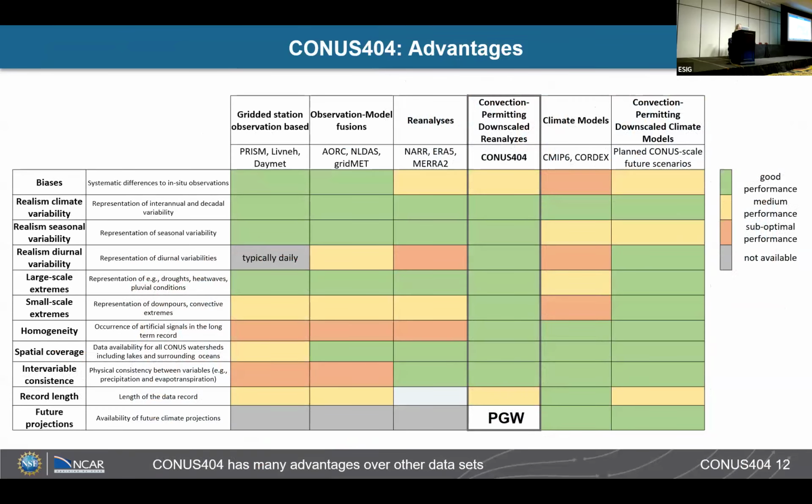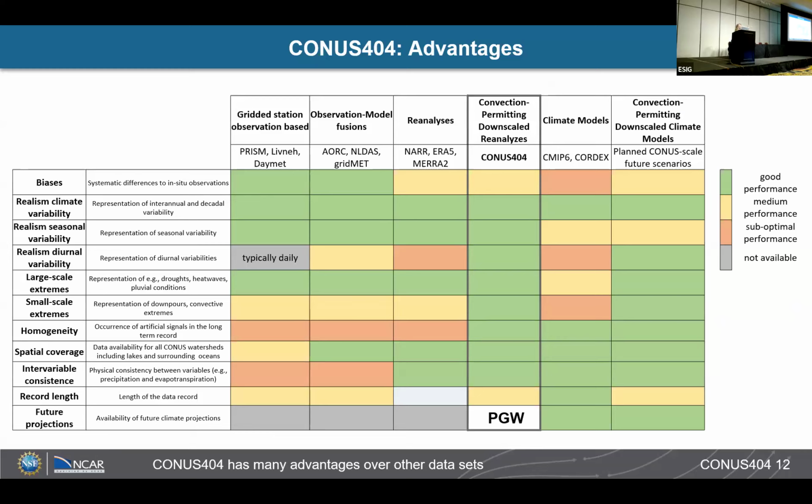Now, Justin did a really nice plot comparing different data sets. The group who did CONUS 404, again, these are hydrometeorologists, looked at comparing to other available data sets in terms of all these different variables: realism of climate variability, biases, diurnal variability, homogeneity, and on down, record length, future projections.